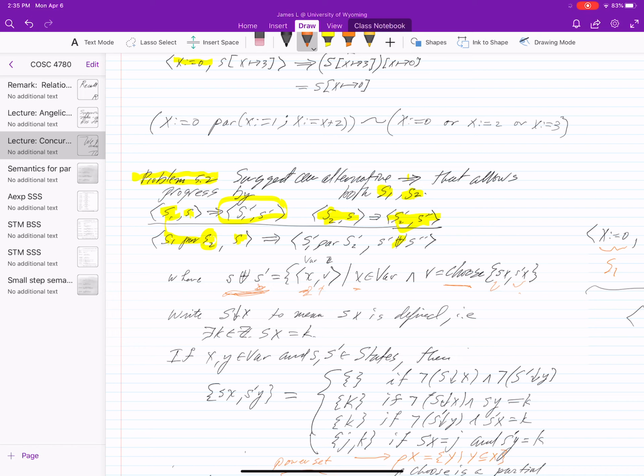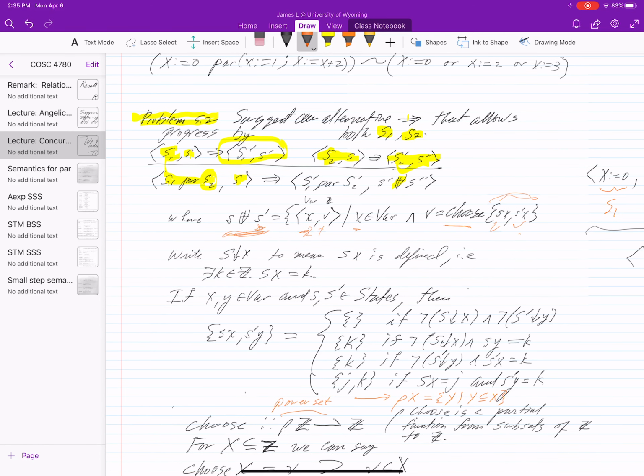So first I got to tell you, okay, what does this mean? I say, look, you can write S down arrow X to mean S of X is defined.